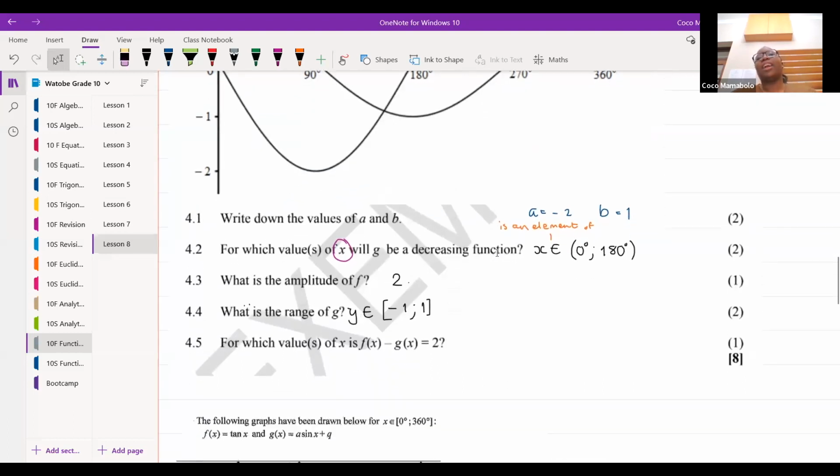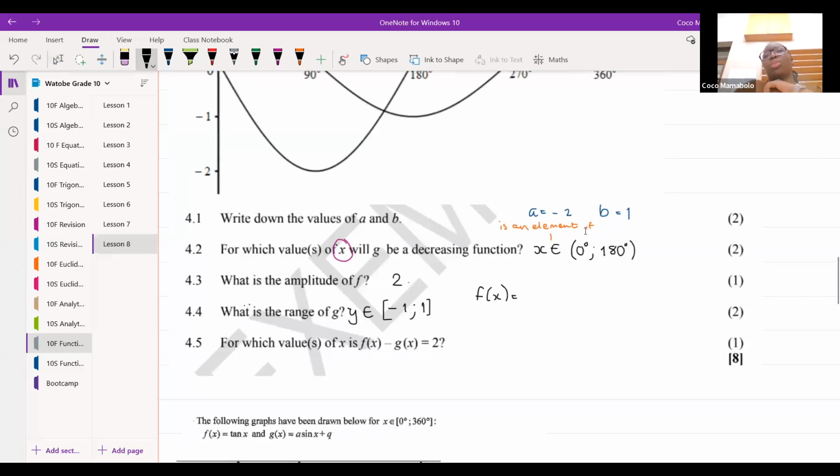All right. Then the last question here, guys, says, for which values of x is f of x minus g of x equal to 2? Now this one is going to be a little bit harder, and I don't think they would ask such a question in one of your exams. But I want to ask you guys, what is the function of f of x?